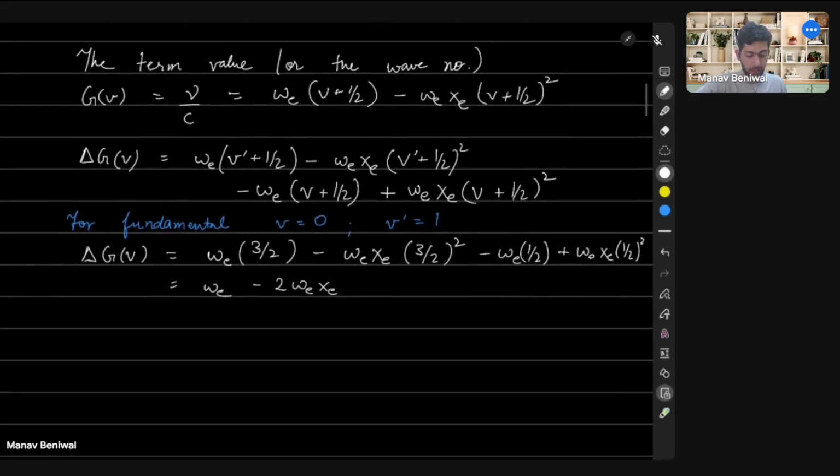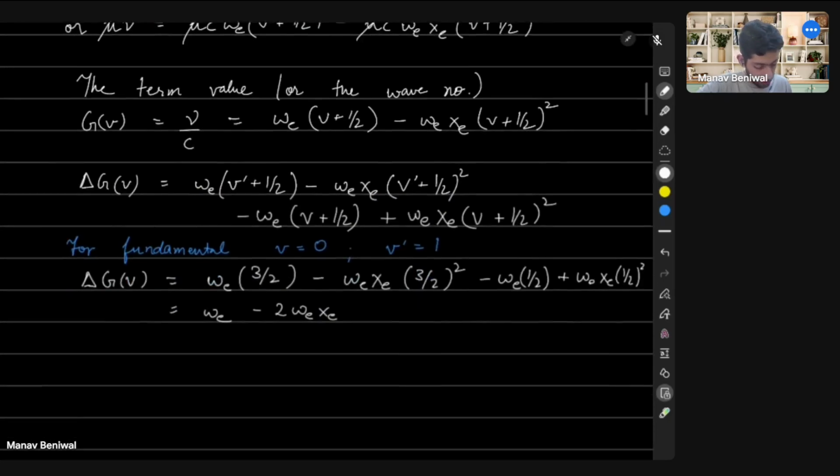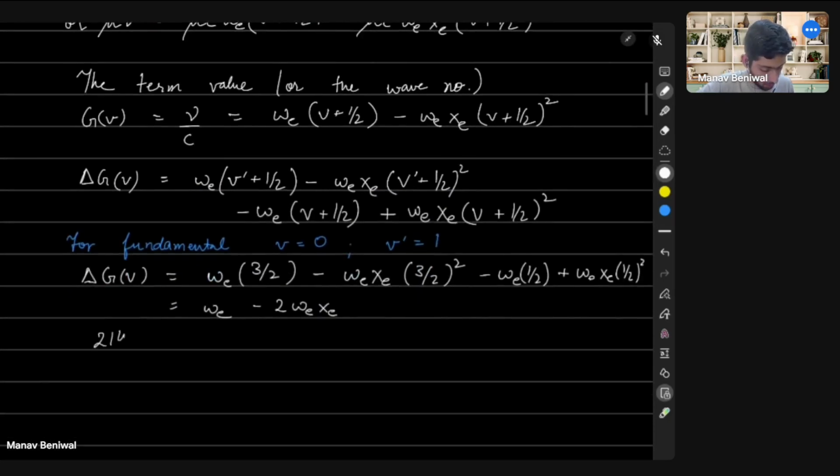Now this is given to us as 2143, correct? So 2143 is omega e minus 2 omega e x e. So this is our first equation.